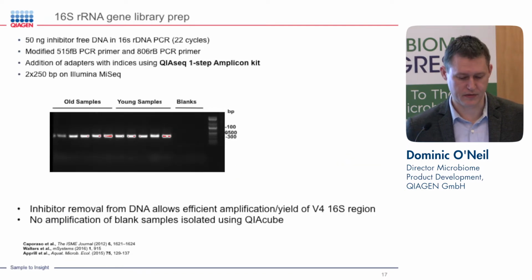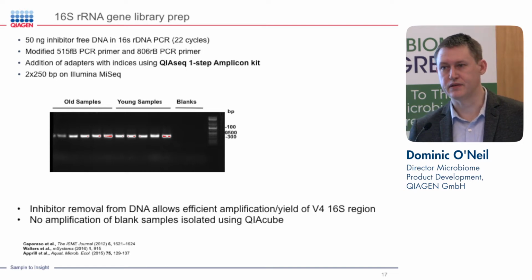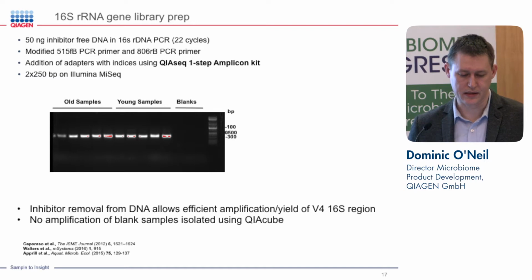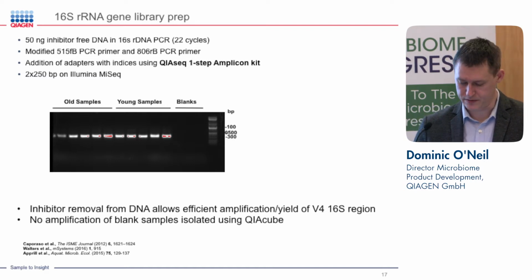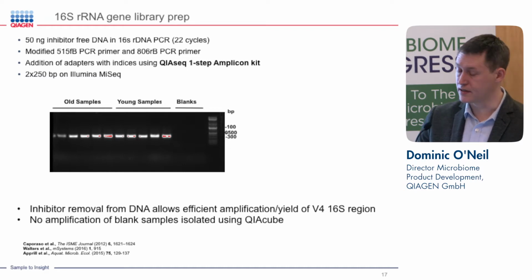This is a kit that performs a single half-hour reaction that does end repair, A-tailing and adapter ligation, leading to a very, very fast library prep coming off of this. We did paired end sequencing on Illumina.